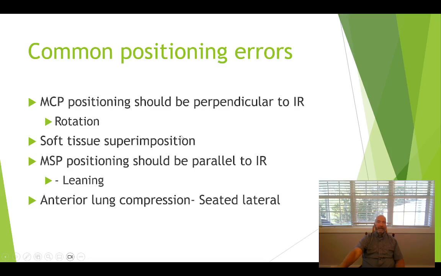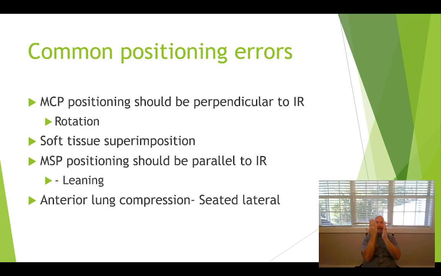So common mispositioning errors, I've already talked about some of this, and that would be mid-coronal plane positioning. Your mid-coronal plane should be perpendicular to the image receptor. Mid-coronal plane goes through the patient from left to right, or right to left. It goes across the patient laterally, and it should be perpendicular to the image receptor.